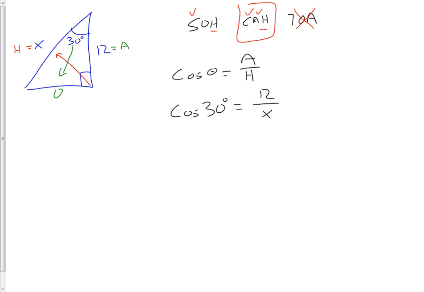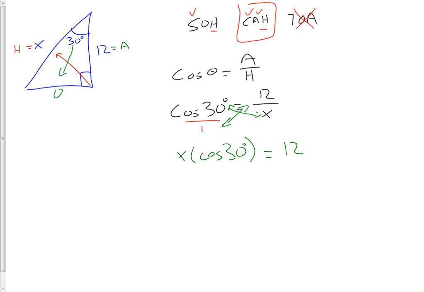Again, I need to do my cross multiplying, and any number can be written as a fraction. So I can do 1 times 12, and cos 30 times x. That gives me x times cos 30 degrees is equal to 12 times 1, which is just 12.